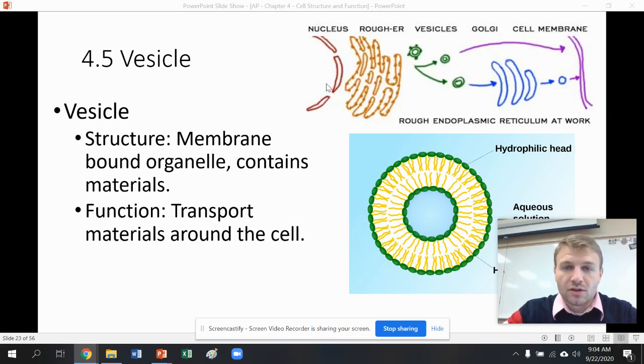So you can see here we have our nucleus, our rough ER. Here's where we're at within the endomembrane system. We have these vesicles that are going to start transporting things into and around the cell, and sometimes even out of the cell. Specifically, these go from the rough ER and smooth ER to the Golgi body. The Golgi body is like the UPS center. It's where we really send out and ship out things.